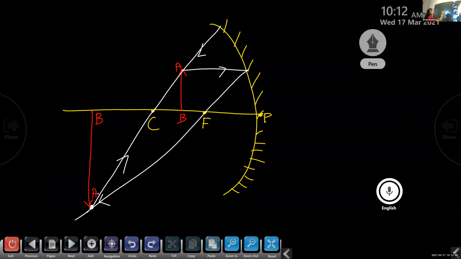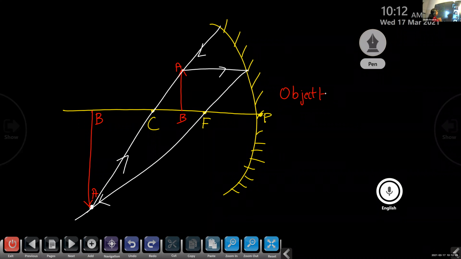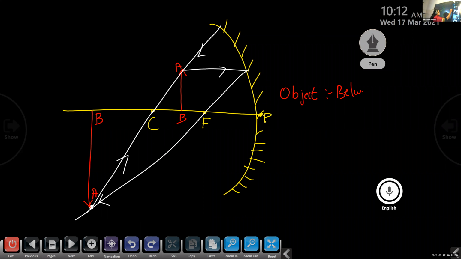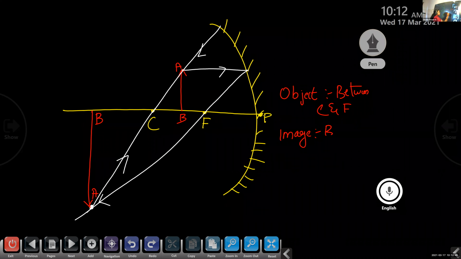So in this case, once again I write, the object is between C and F. Image formed is beyond C. Size is enlarged.